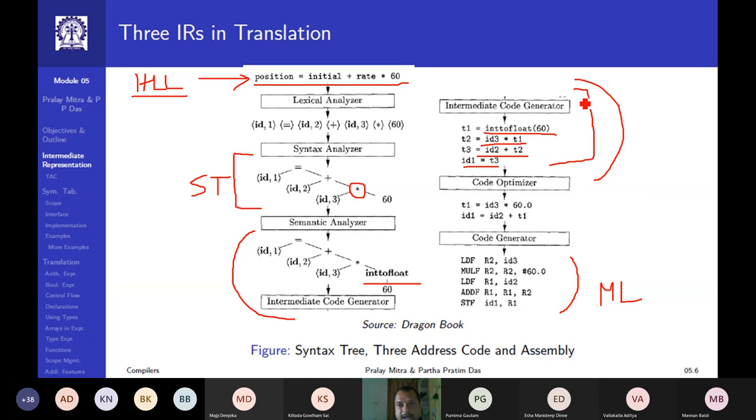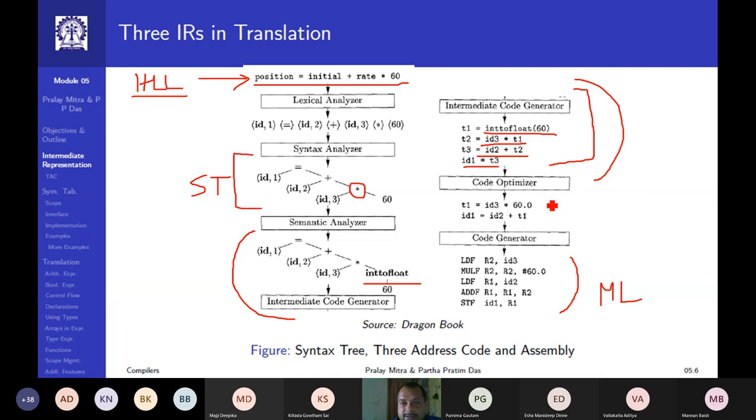So this IR or three address code is generated based upon analyzing the input. After this, I will do some optimization, then I will map it to some machine level code.